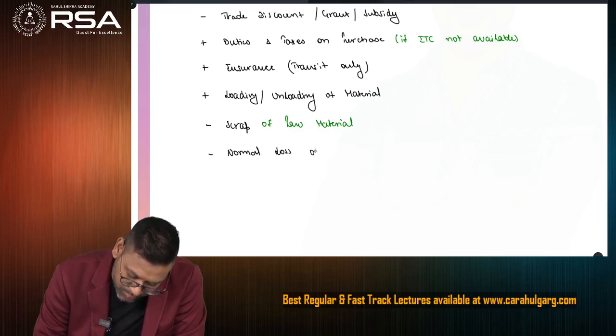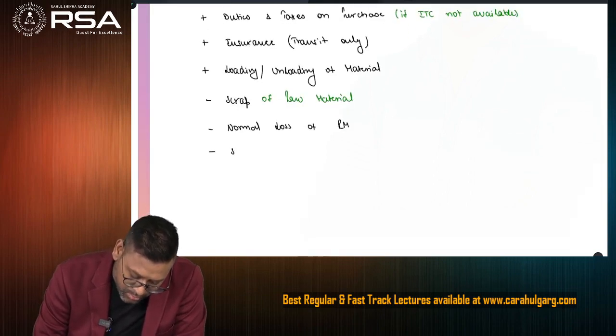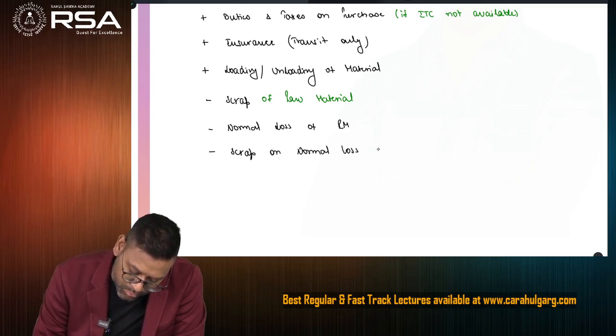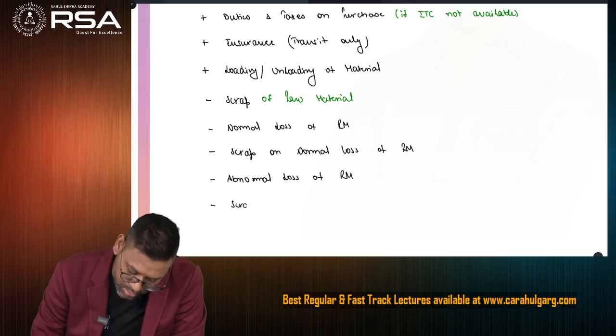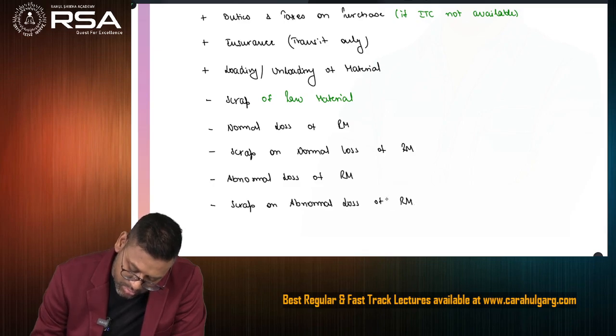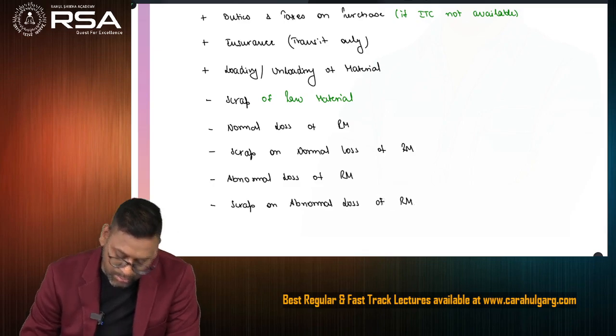Now write down minus normal loss of material. I will write down in short form as RM. Normal loss of raw material, minus scrap on normal loss of raw material, minus abnormal loss of material and minus scrap on abnormal loss of raw material.